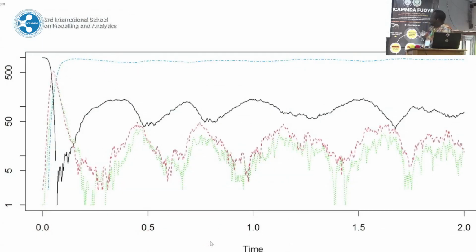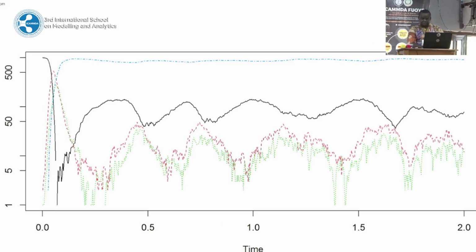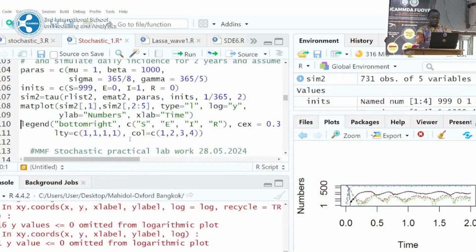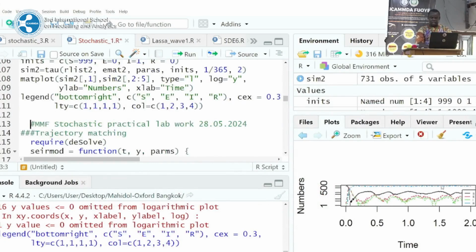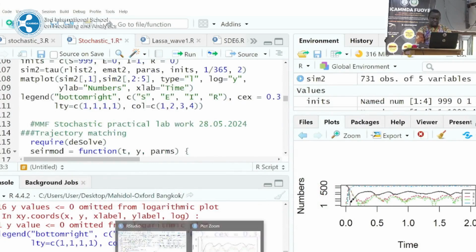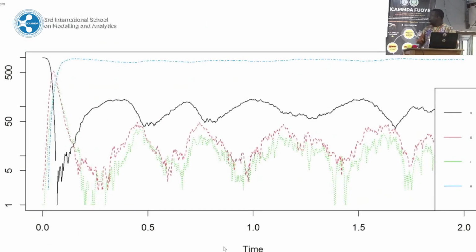So we are having SEIR. This is a stochastic time series plot for SEIR. I'm adding a legend to see what is what. S is black, E is red, I is green, and R is blue.